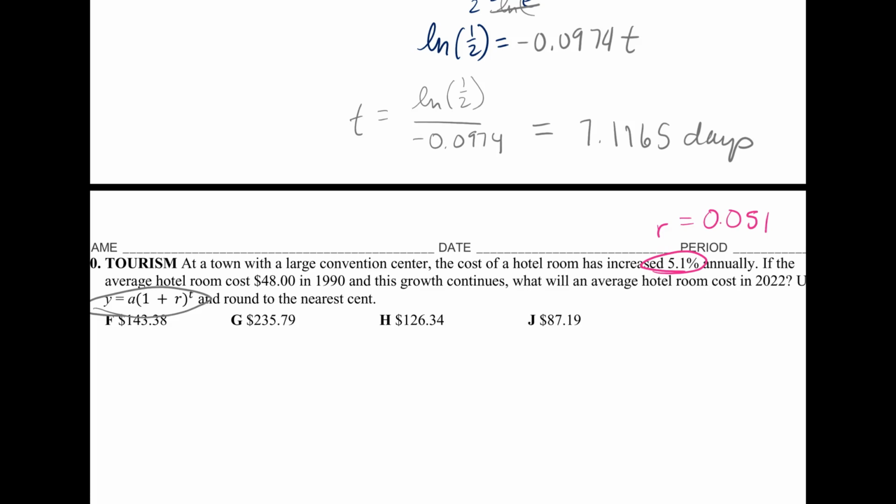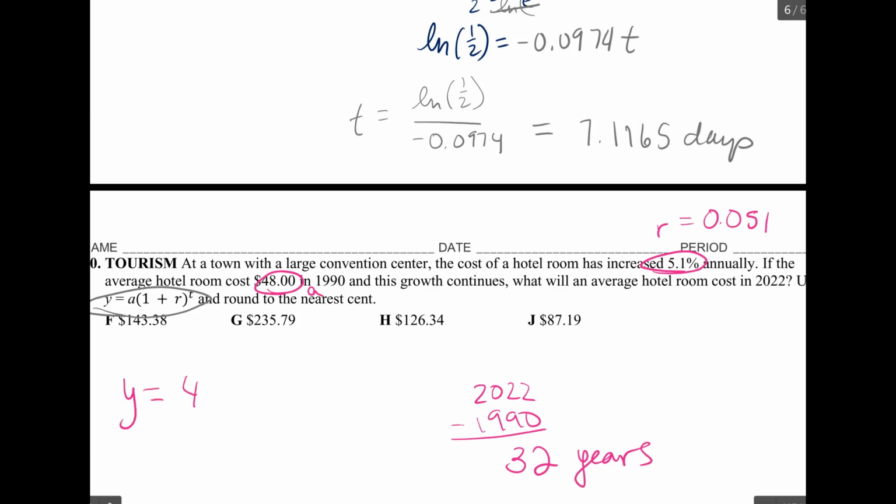Yep. All right. So my initial cost is $48. How long is it between 2022 and 1990? It's 32 years. So y is equal to 48 times 1 plus 0.051 to the 32. I'm just plugging in the numbers that we found.